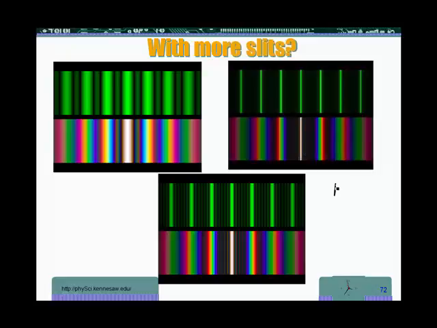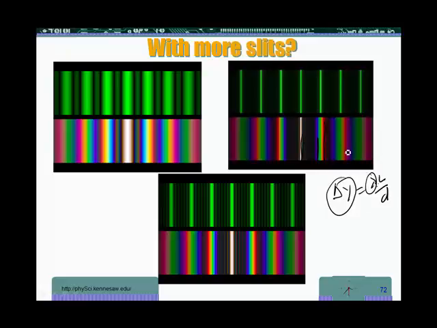Because remember, delta y is lambda L over d. Lambda is smaller for blue light, so the fringe separation is going to be smaller than for red. That's why we see the maximum of the blue here and the maximum of the red further out here. So this is delta y for the red, from here to here. Delta y for the blue is from here to here.